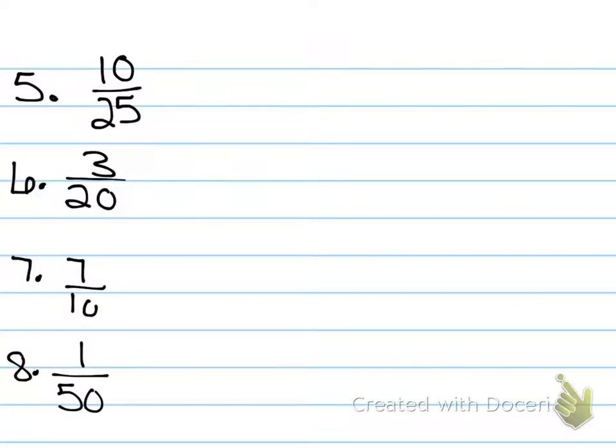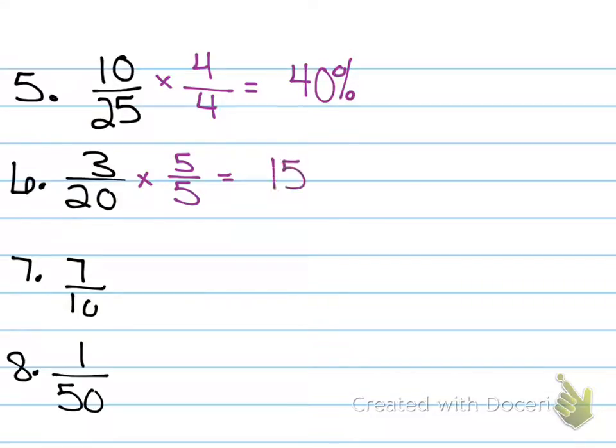Okay, so number 5, what could you multiply by? Top and bottom by 4, okay, to get 40%. Or, again, you could change to a decimal. That would be fine. What can you multiply top and bottom by on number 6? 5. So you get what? 15%. Very good.